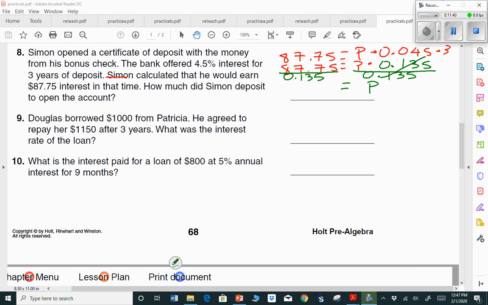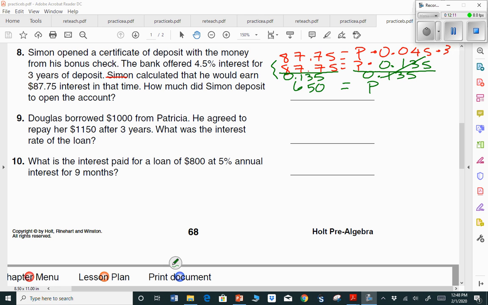And when you do this division problem right here, you get 650. 650 was the amount that Simon put in the first place. And of course, you can always check then. You can take the 650 and multiply it times 0.045 and times 3, and it should come out to the interest of 87.75. So that's all very checkable.